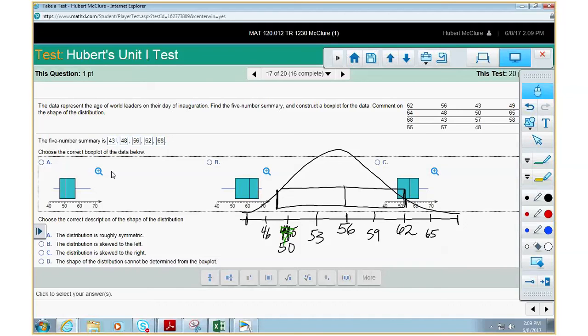Well, you're going to have to probably blow it up. You know it's not this one. It possibly could be either one of these, so you're going to have to look closely at it. We know that our 56 is going to line up with our 56 right here. So that's not right, because that's 60-something. I would say it's the C. And I would say it's roughly symmetric.